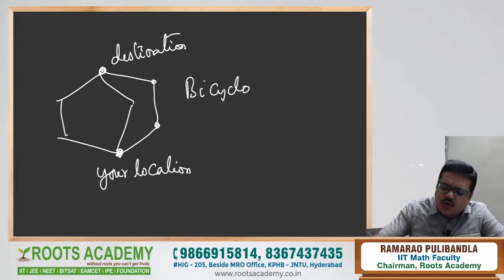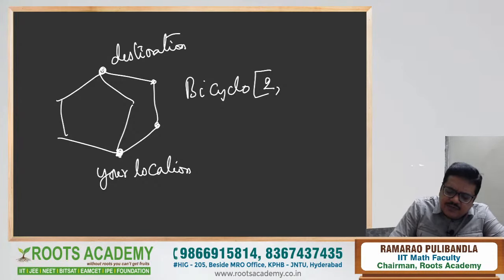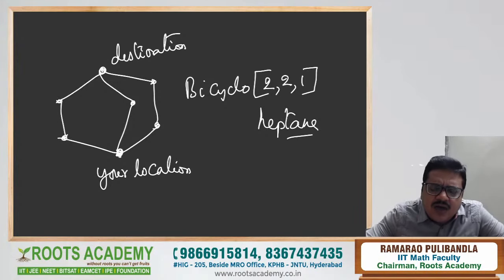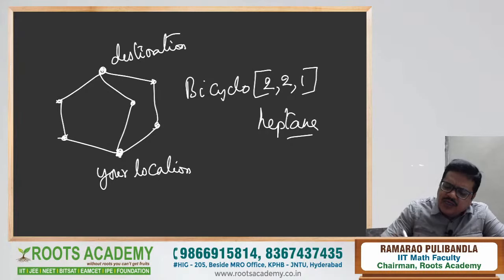So bicyclo, two, two, one. Count the number of carbons: 1, 2, 3, 4, 5, 6, 7. Heptane, because 7 carbons.